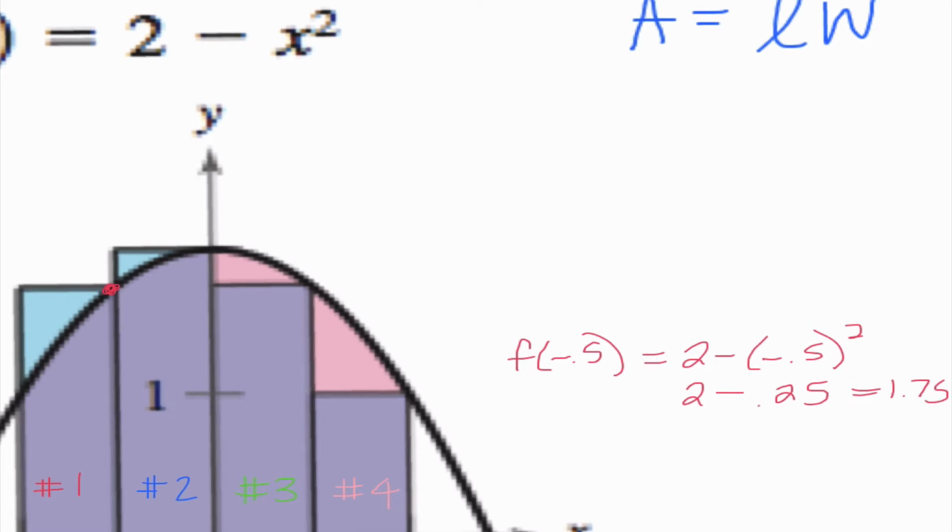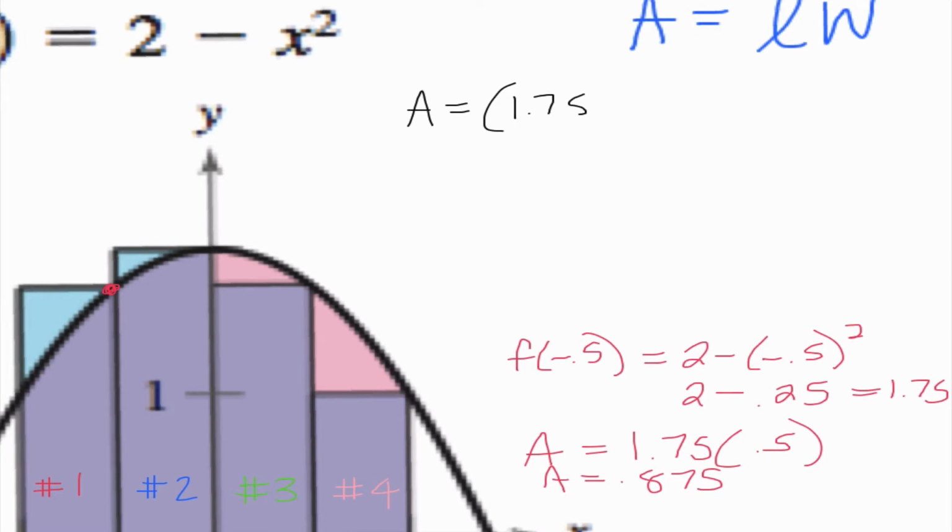So the area for rectangle number 1 is 1.75 times 0.5, which is 0.875. Up at the top here, I'm going to write area equals 0.875. That is my first area.